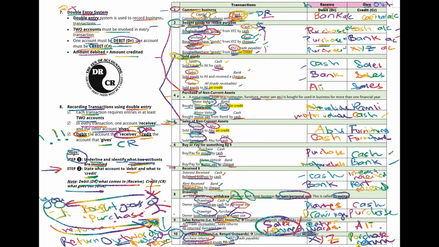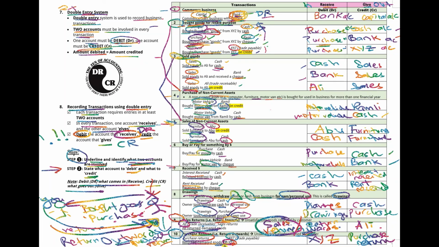How to differentiate between number 9 and number 10 is that this one will have a name in front. Ali return, meaning Ali is our customer. Ali returned the damaged goods to us. We are the seller. And this one, return to, meaning we buy, and now we return to our supplier.